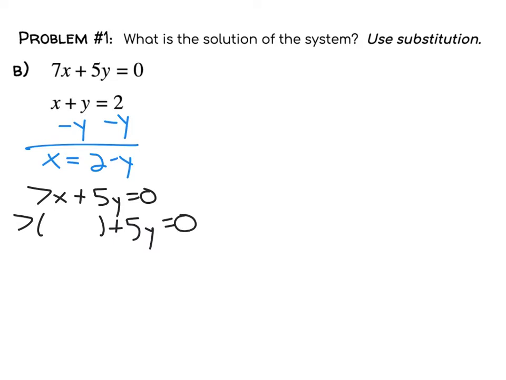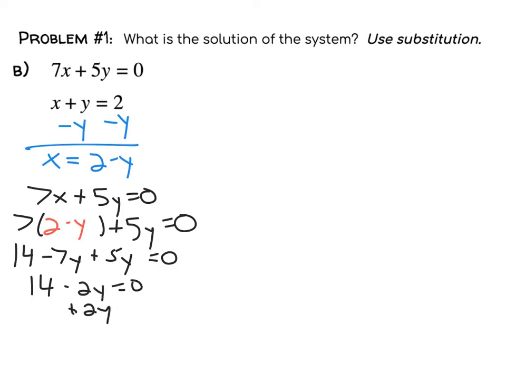And that x was equal to 2 minus y. Okay, so when we distribute that through, we get 14 minus 7y plus 5y equals 0, or 14 minus 2y equals 0, adding 2y to both sides.